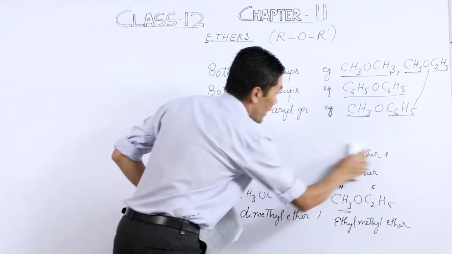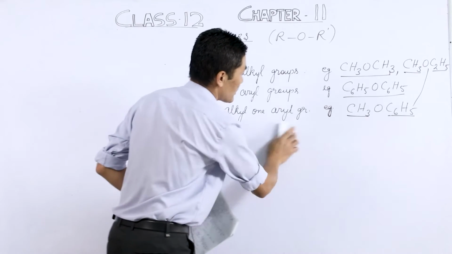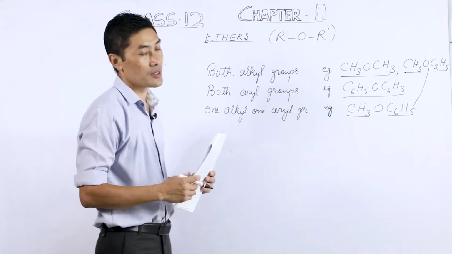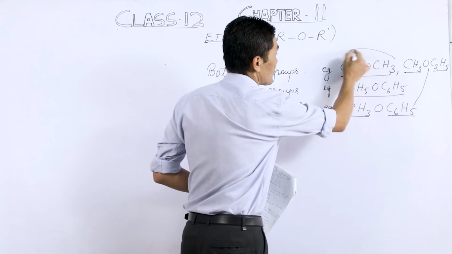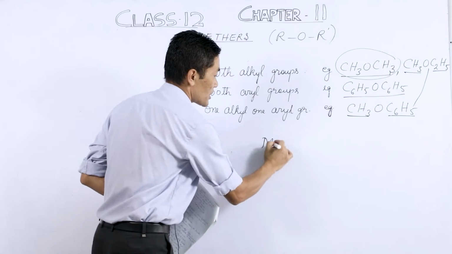Now if we use the IUPAC nomenclature, these are named as alkoxy derivatives of the parent hydrocarbon. So this one, dimethyl ether, will be named as methoxymethane.